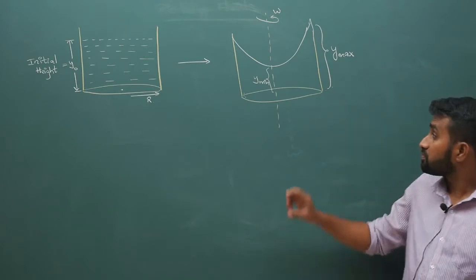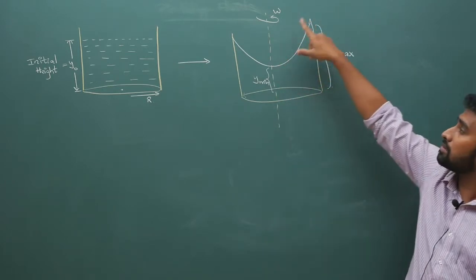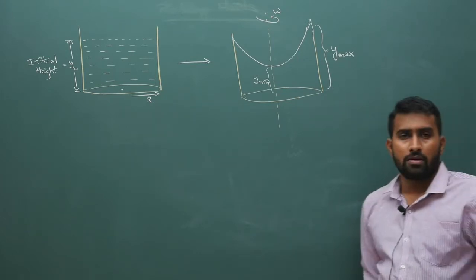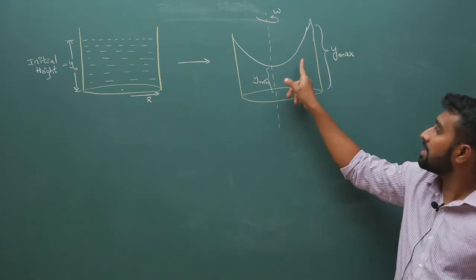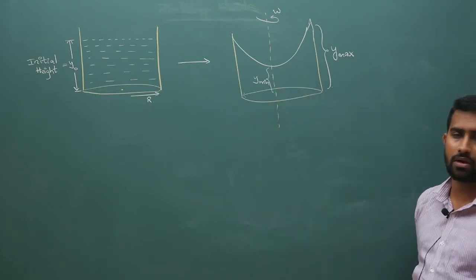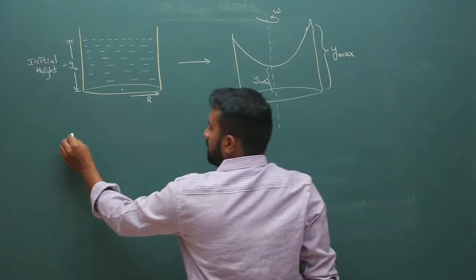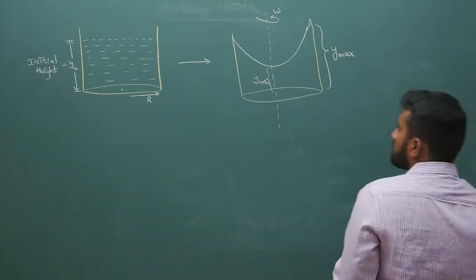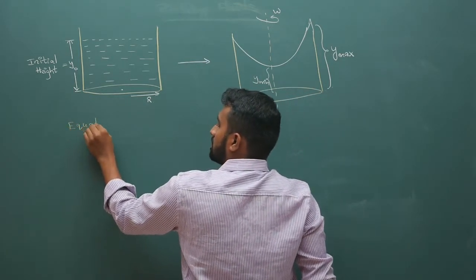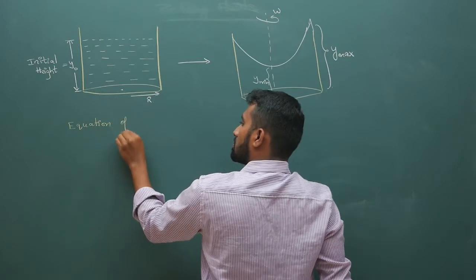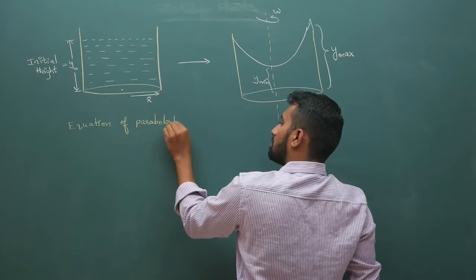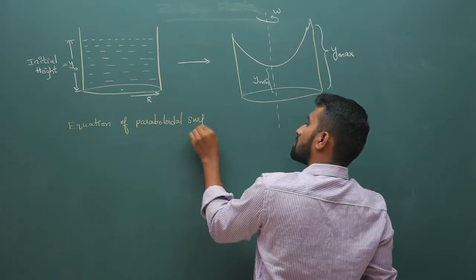Now this part, omega, all these things, we will interrelate. First I will try to derive an important thing, that is the equation of this paraboloidal surface.